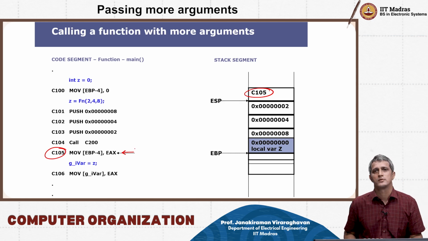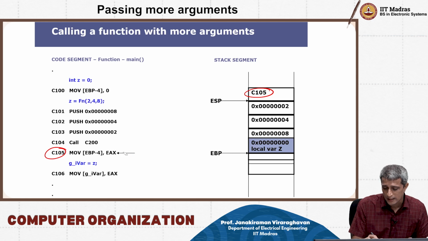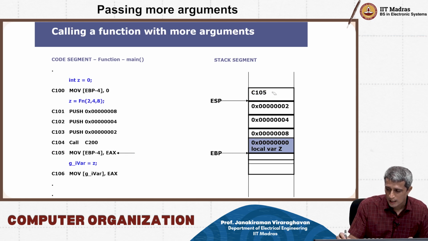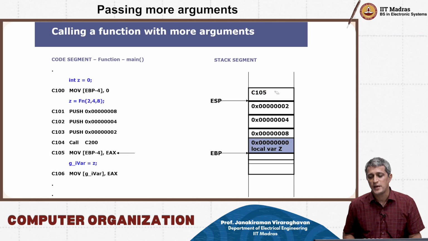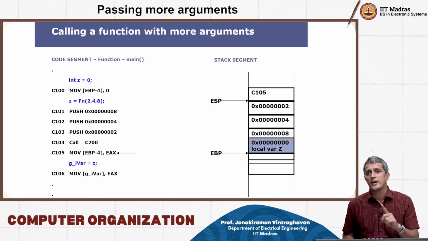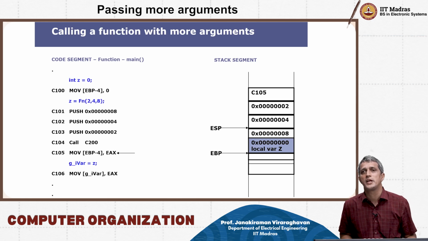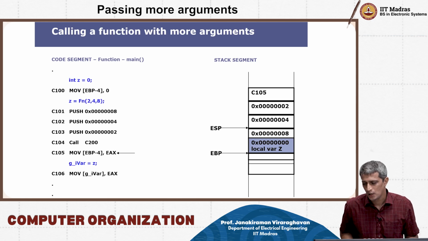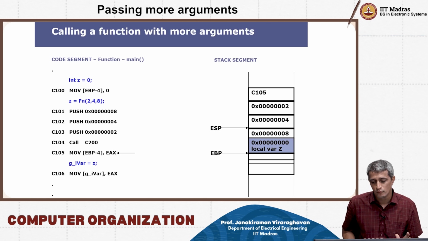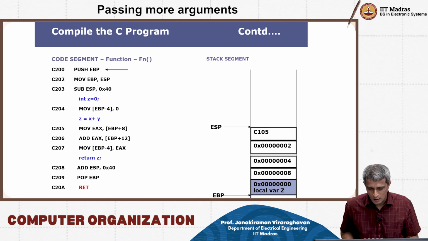So you do this and you see the black arrow is back there, right? And then my ESP is going to get added with 8 because I did ret 8. So ESP is pointing here. Okay. Now I say move EBP minus 4, EAX, right?